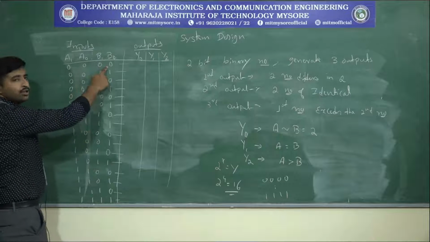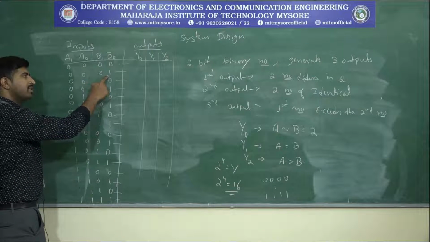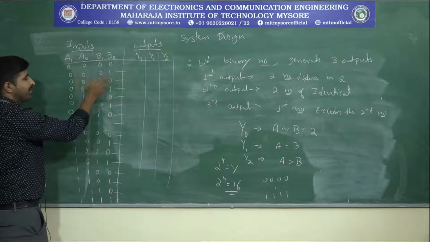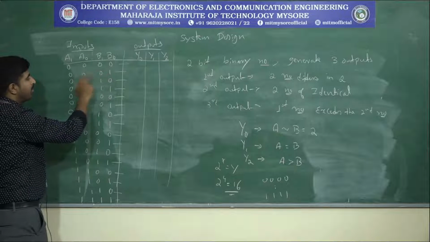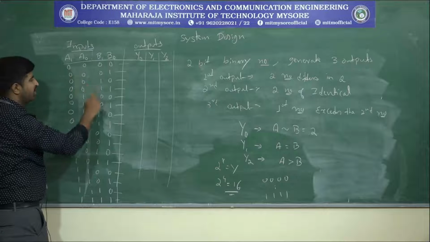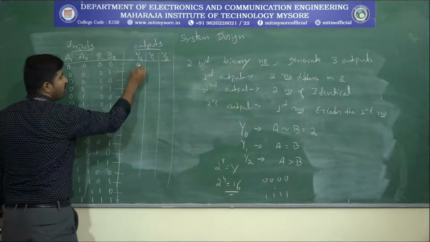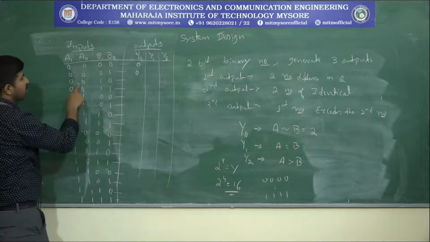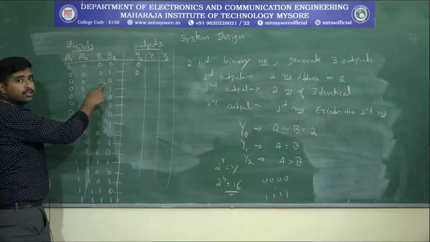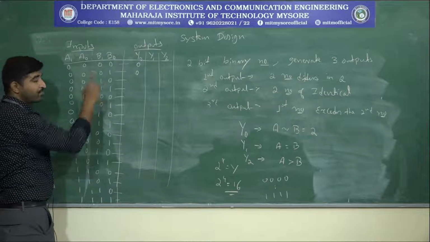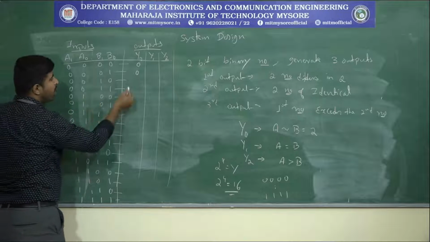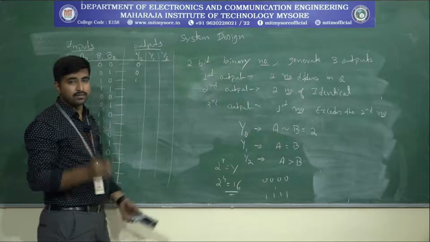So 0 minus 0 is 0, and 1 minus 0 is 1, so the difference is 1 and the output will be 0, again 0. Then 0, 2: the output will be enabled, so the output will be 1 here.